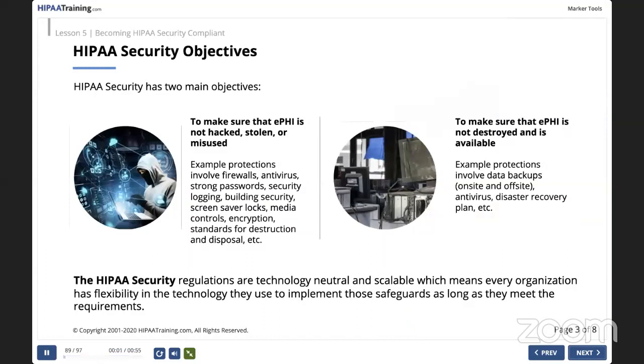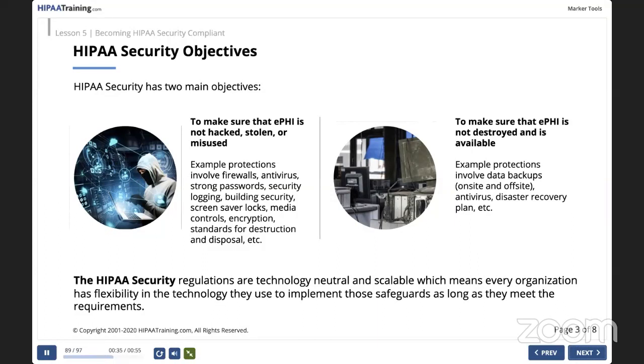HIPAA security objectives. HIPAA security has two main objectives: to make sure that EPHI is not hacked, stolen, or misused. Example protections involve firewalls, antivirus, strong passwords, security logging, building security, screensaver locks, media controls, encryption, standards for destruction and disposal, etc. To make sure EPHI is not destroyed and is available.